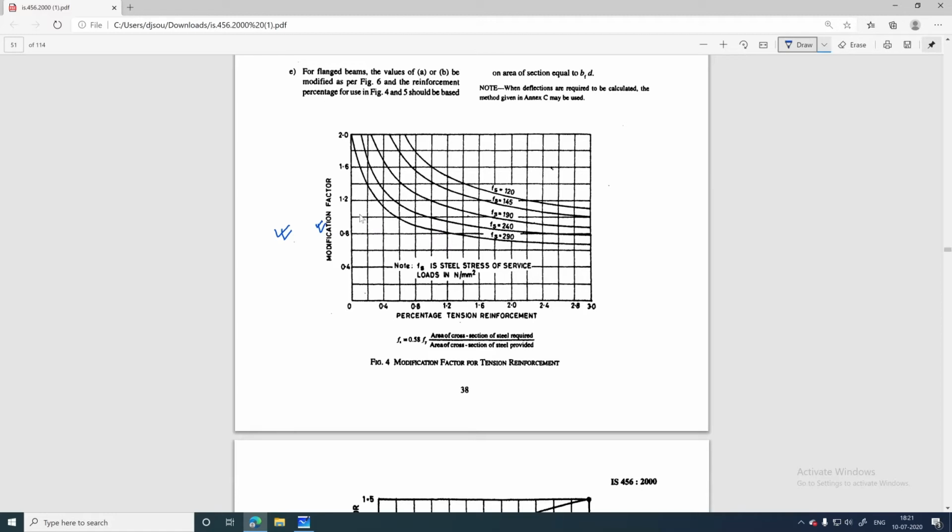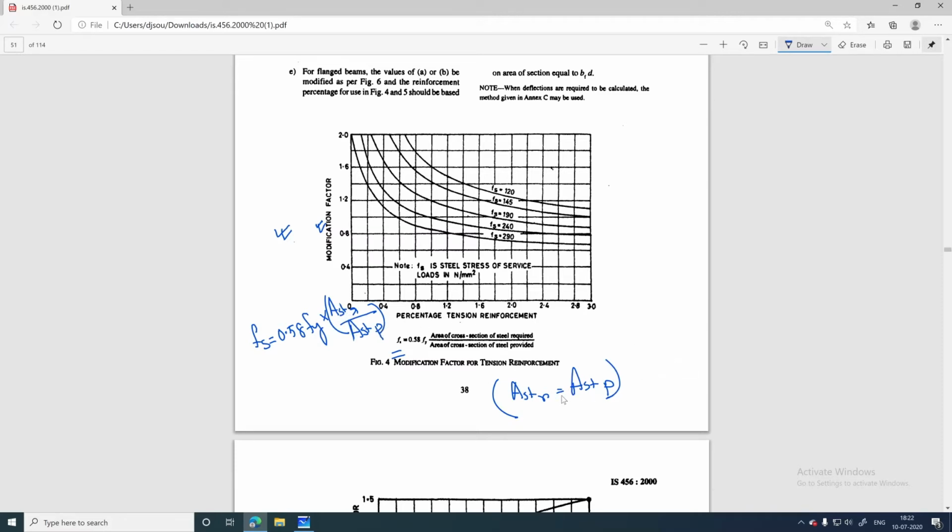Now to determine this modification factor I need to calculate this Fs value also. So let's determine Fs. Fs is equal to 0.58 Fy into Ast required by Ast provided. Initially I consider that Ast required equals Ast provided, because I don't have the values of Ast required and Ast provided till now.